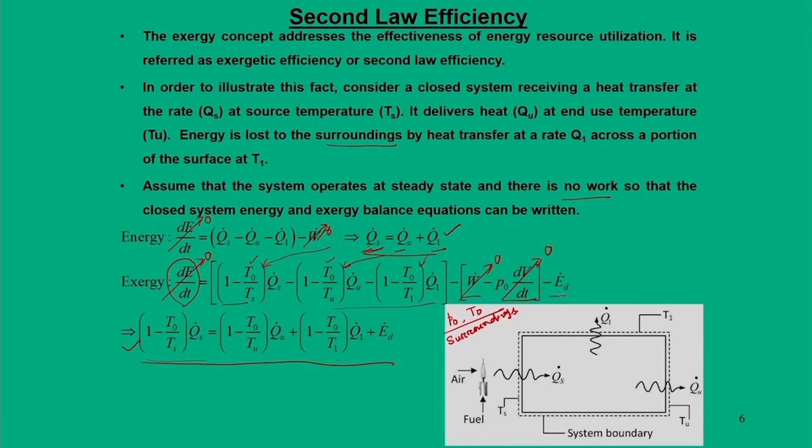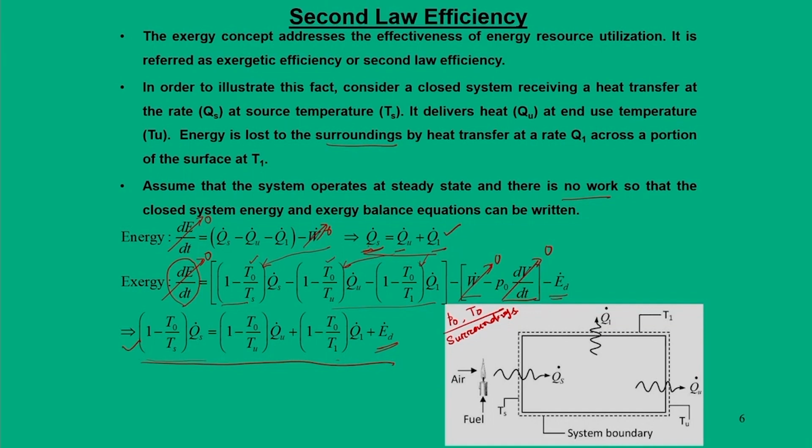Apart from that, there is another term ED which we call as rate of Exergy destruction. So, the second law of efficiency talks about that although the energy balance is taken into account, not necessarily that Exergy will be balanced. So, that is what we say that Exergy is a non-conserved property.